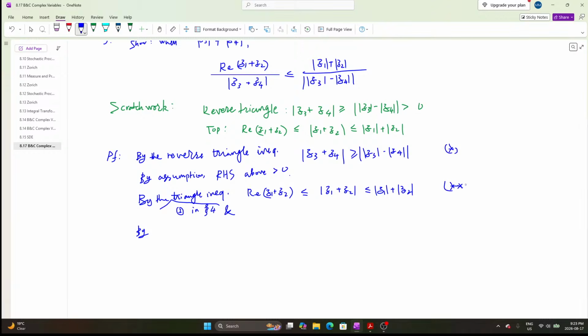By combining them, we get the required result: the absolute value of the real part of z1 plus z2, over the absolute value of z3 plus z4, is less than or equal to the absolute value of z1 plus the absolute value of z2, over the absolute value of z3 minus the absolute value of z4.